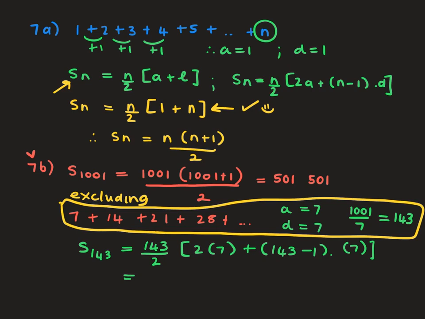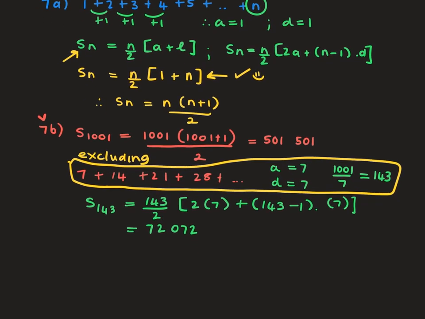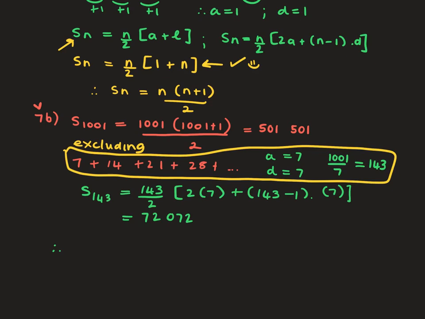All right, so if I work this out, that is 72,072. So your final answer is going to be 501,501 minus the 72,072, and we get an answer of 429,429.